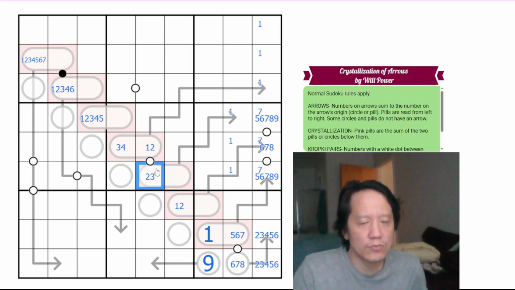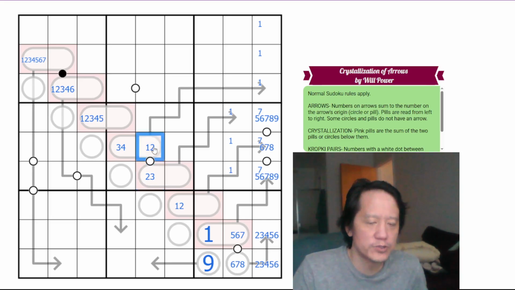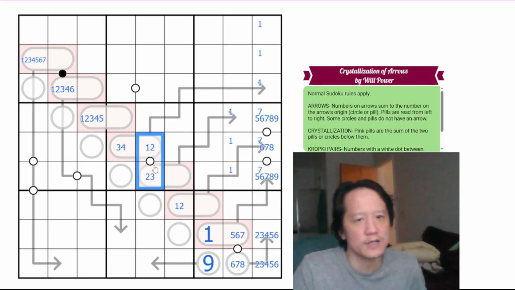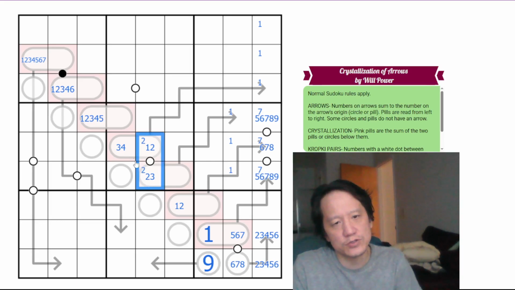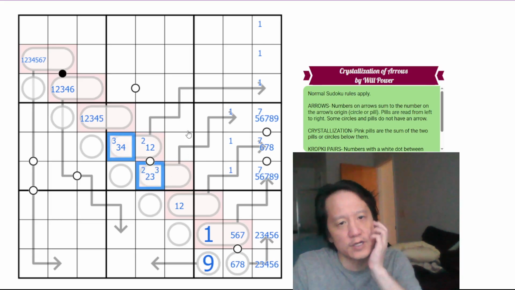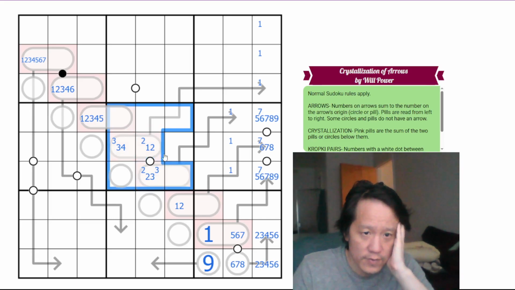So either this is 1, 2 here, which makes this 31. Or this is 2, 3 here, which makes this 42. This is always 1 greater, this is always 1 less. So we know this is always 2, this is always 3 in box 5.